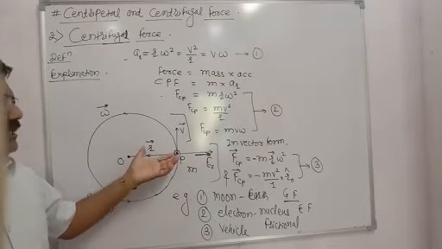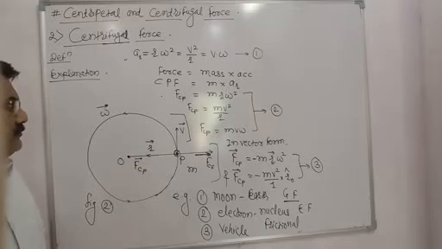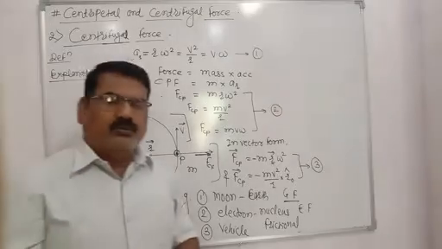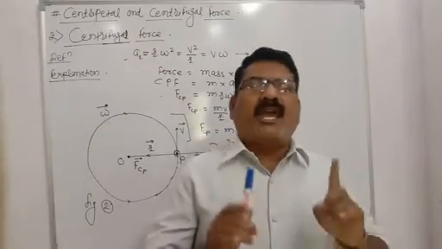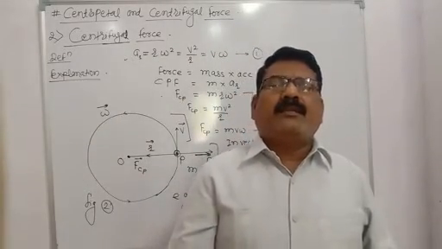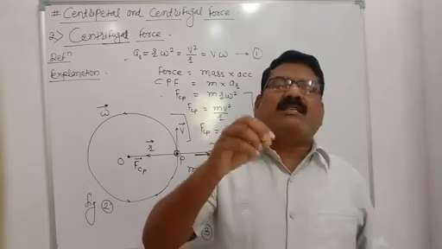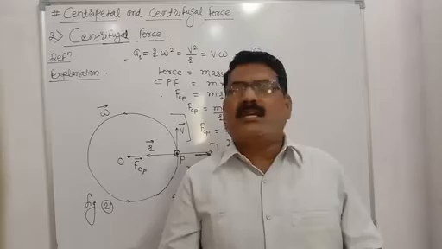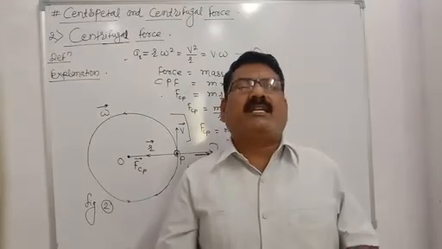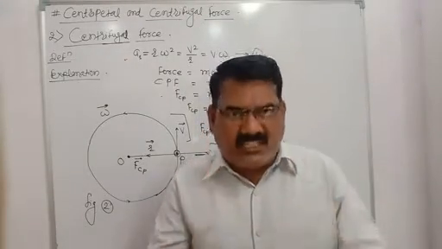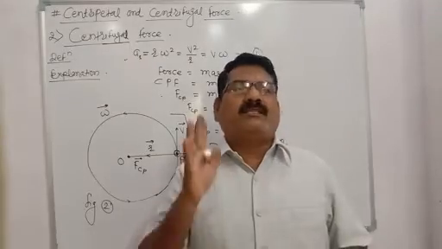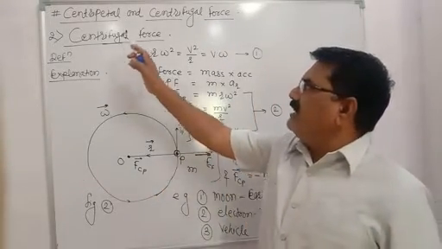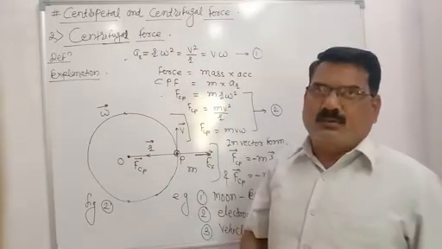Now you have already seen that centripetal force is the real force, meaning that only when the centripetal force is exerted on the body does that body perform circular motion, otherwise it doesn't. Therefore centripetal force is the real force.